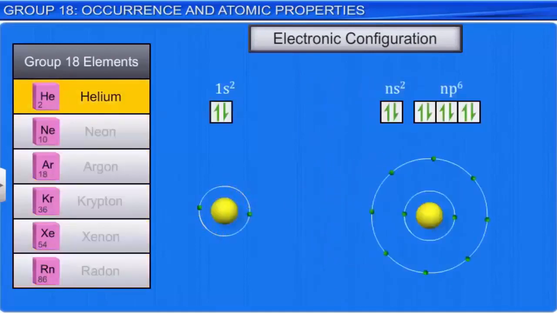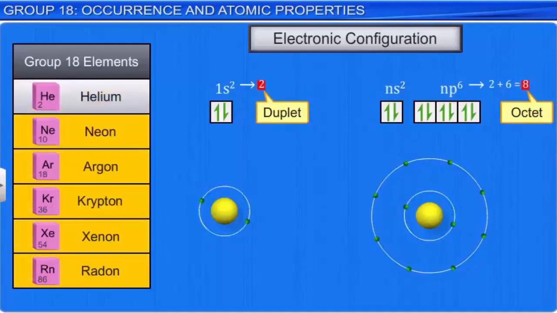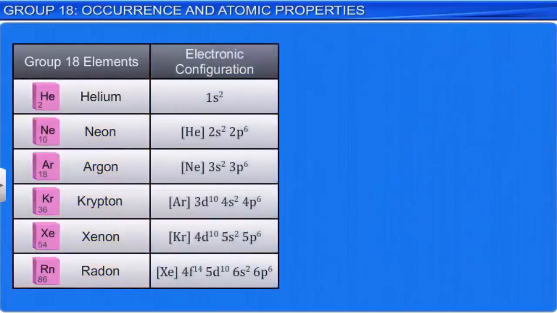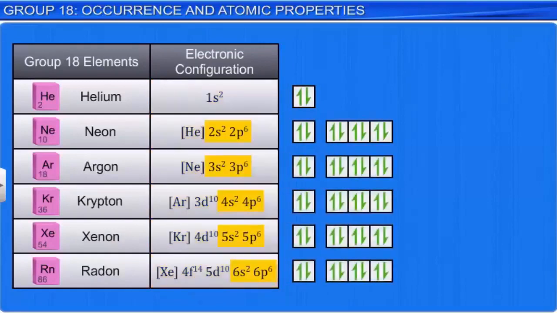Although helium does not possess an octet, it resembles other elements of the 18th group. The electronic configuration of these elements are listed in the table here. You can see from the table that the np subshell is completely filled in all the elements.